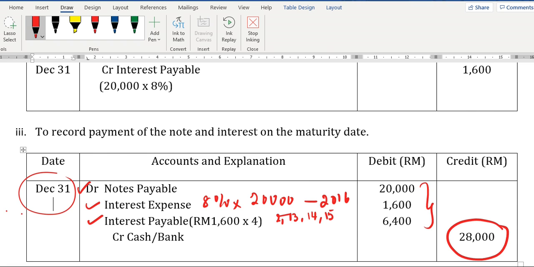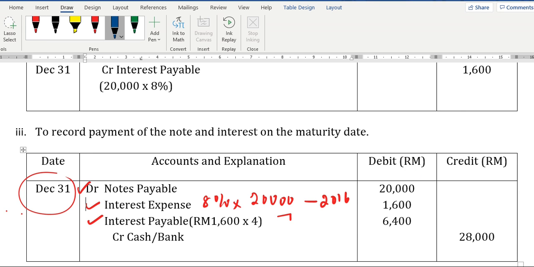Actually, the amount of interest that we need to pay is 20,000 times 8% per year, and since the tenure is 5 years, you multiply by 5.